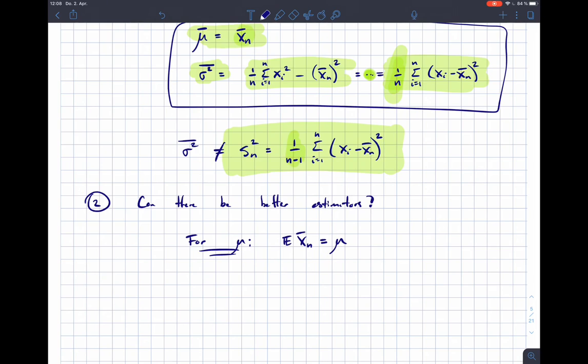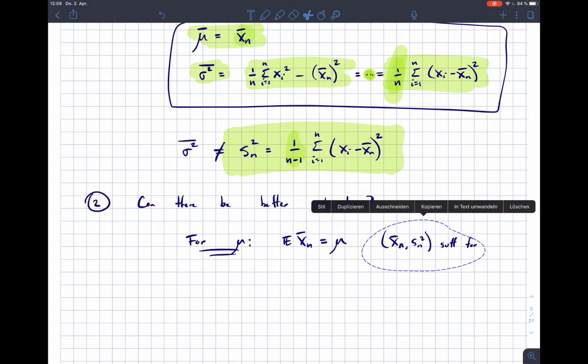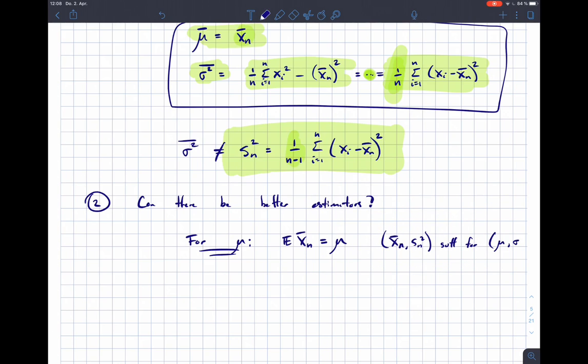In addition, we also know that the sum of the xi's, or I think we showed actually directly for the mean, that the mean is a sufficient statistic for mu. Or to be very precise, we showed together that x bar and Sn squared are sufficient for the pair mu, sigma squared.